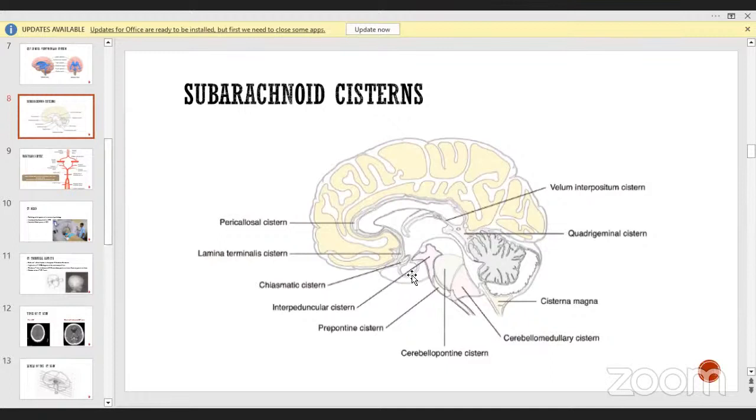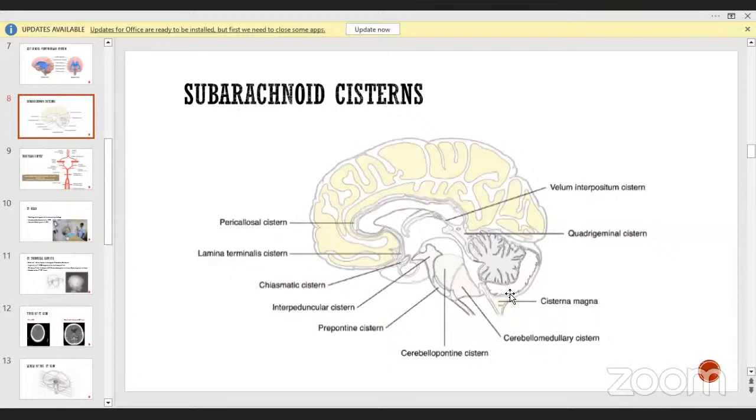There are five main cisterns: the suprasellar cistern, above the sella turcica; the interpeduncular cistern, anterior to the midbrain, which I have shown in the CT scan slides; the quadrigeminal cistern, posterior to the midbrain; the pontine cistern, anterior to the pons; and the cisterna magna.